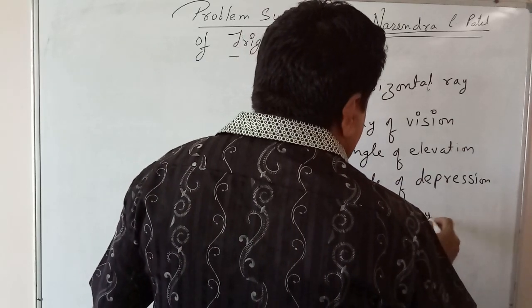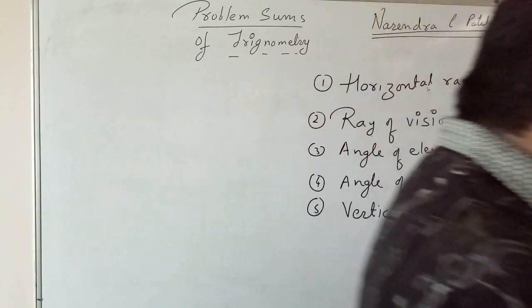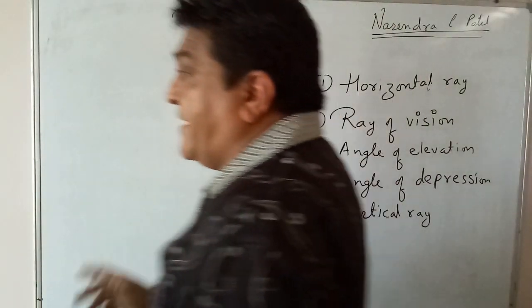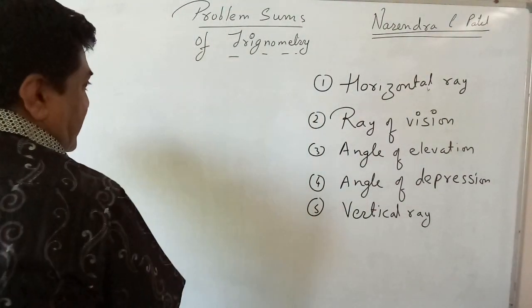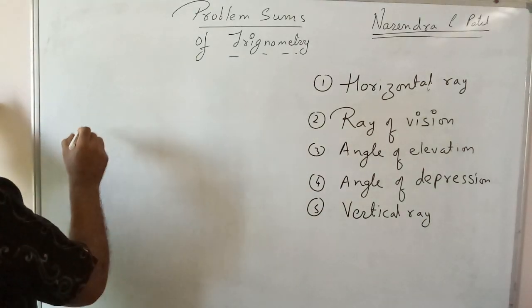All these things you have to learn first of all, so that from a problem sum you can identify which is the vision ray, which is the angle of elevation, which is the angle of depression.